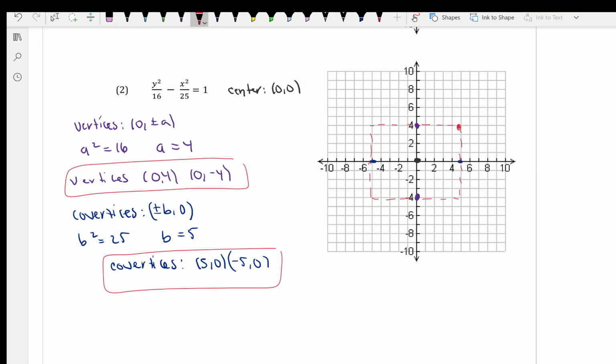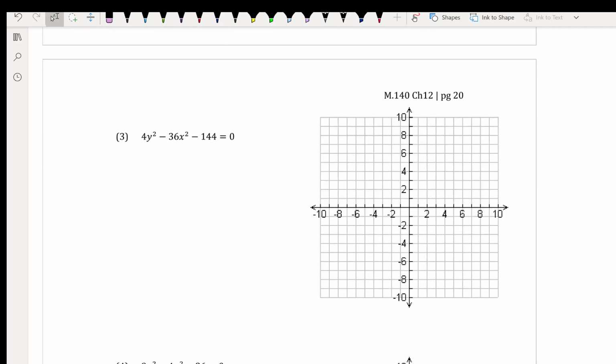So going through the corners, these are going to be my asymptotes. And remember, since the y came first, it's going to be along the y-axis. Okay, so that's what my hyperbola is going to be looking like.